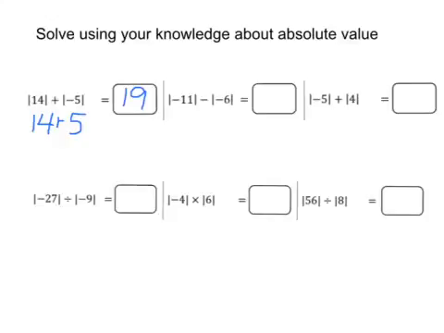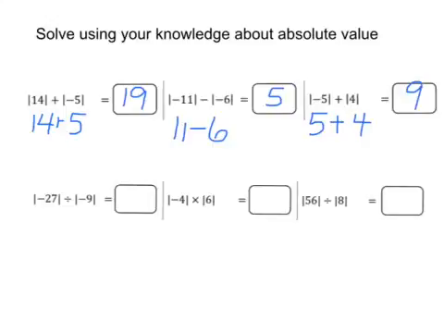Here, the absolute value of negative 11 is a positive 11, minus the absolute value of negative 6, which is a positive 6, and 11 minus 6 is 5. The absolute value of negative 5 is a positive 5, plus the absolute value of 4, which is still 4, so we have 9.